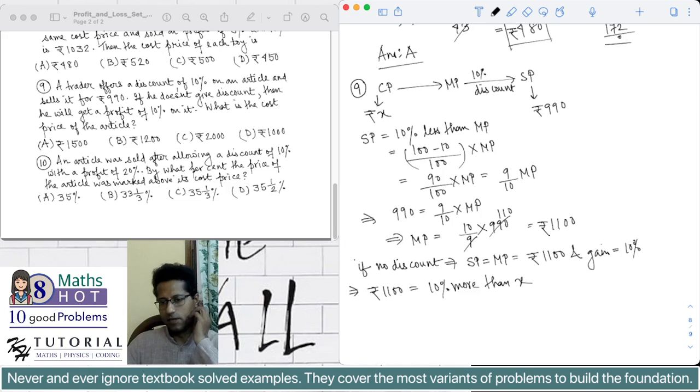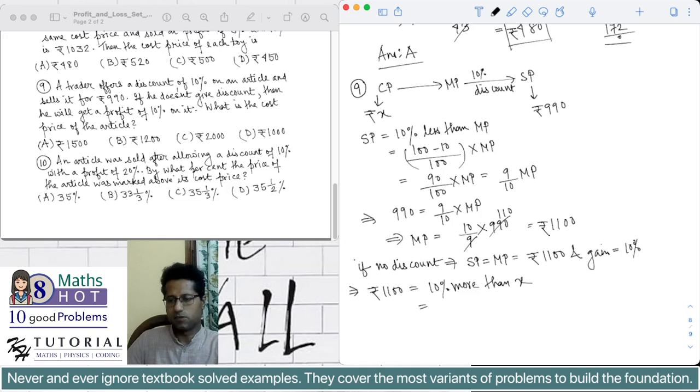Because when there is no discount, the selling price is equal to mark price, which is equal to 1100, and also it is given that there is a gain of 10%. Now, when there is a gain of 10%, we know that the selling price is equal to 10% more than cost price. So we can say that rupees 1100 will be equal to 10% more than X, where X we have assumed to be the cost price.